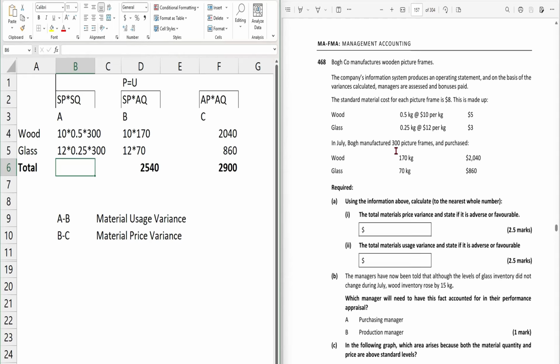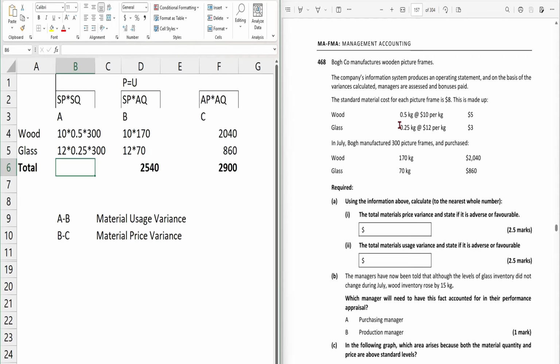Okay, so now I hope you guys are clear. If in the exam they provide all the figures, please be careful which to use. So first, you can take the standard quantity per kg, 0.5 kg, multiplied by 300, because 10 is your SP, the standard cost per kg, and SQ is your standard quantity used for actual production.